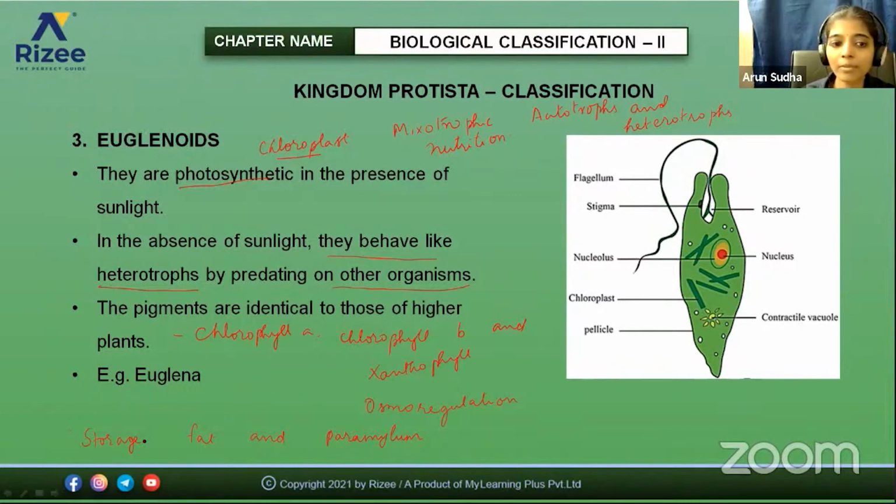They have contractile vacuoles, which are responsible for osmoregulation. The storage form of food is fat and paramylon. At the anterior part, there is a cavity called the reservoir. So these are the main features of euglenoids. Clear?